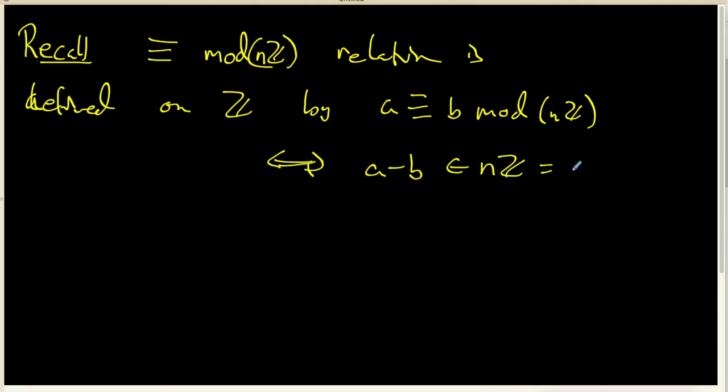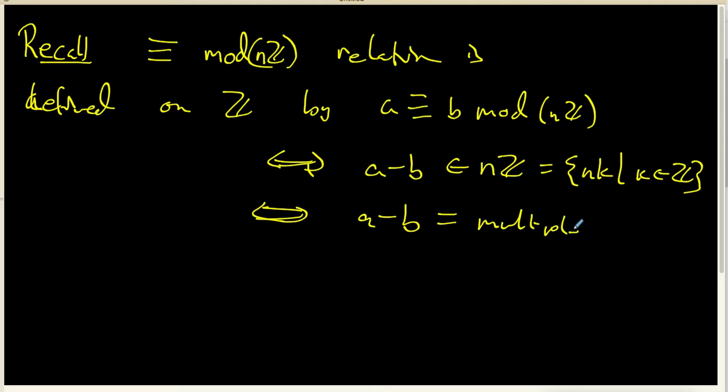Of course, what this means is that a minus b is a multiple of n, and that actually means that this congruency mod nZ relation is exactly the same as congruency modulo the integer n.